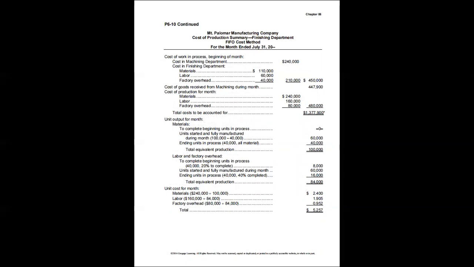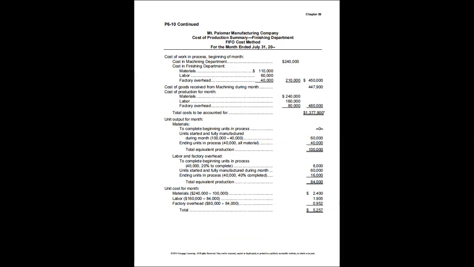So we now have the cost in the machining department for the beginning inventory, the cost in the finishing department given 110, 60, and 40. So the total of 210.